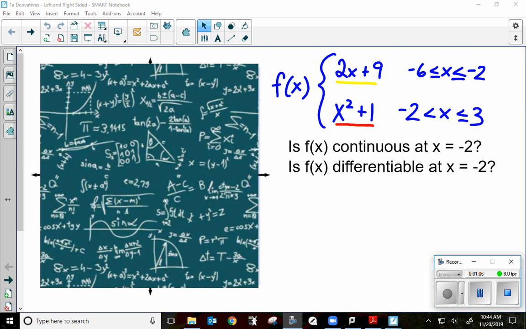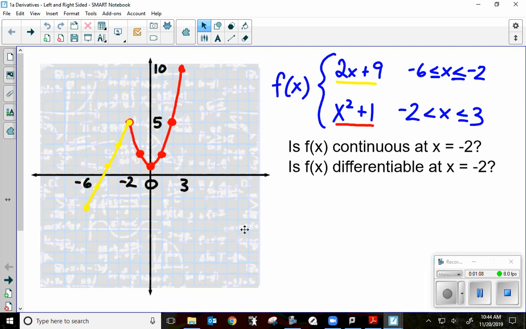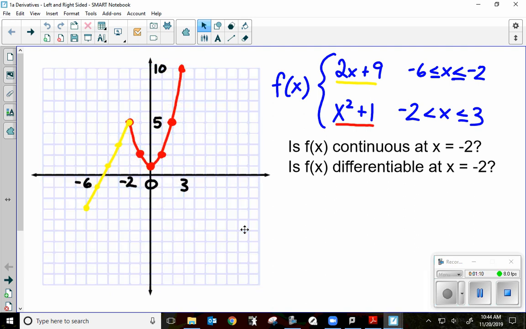And what I have off here to the left is an actual graph of these two functions. You'll notice that the yellow part is denoted in yellow on the graph, and the red part here is denoted with the red line or curve on our graph. And let's answer the following two questions.